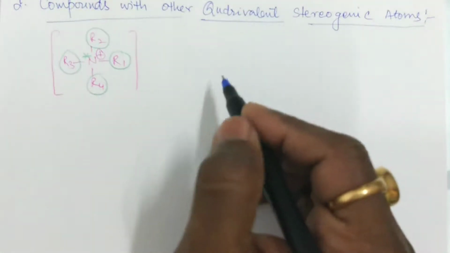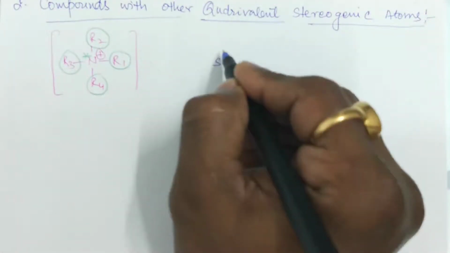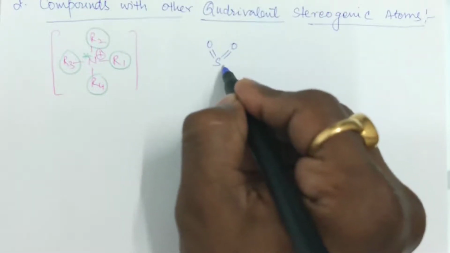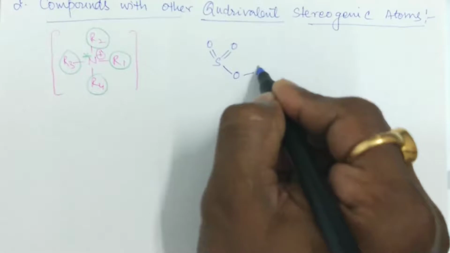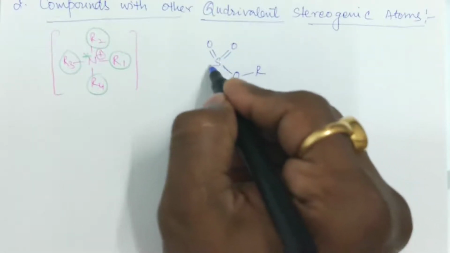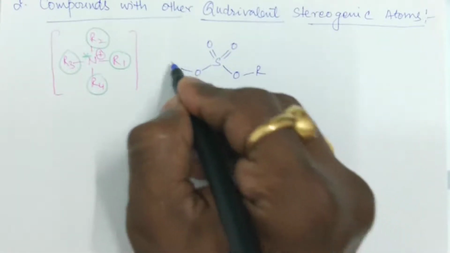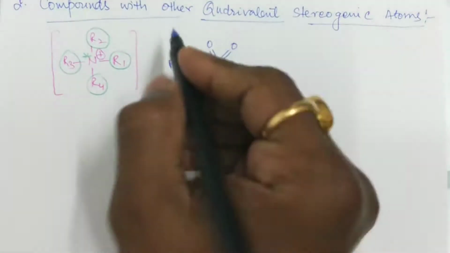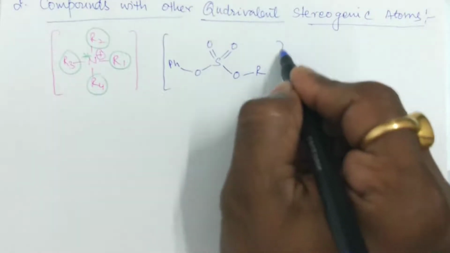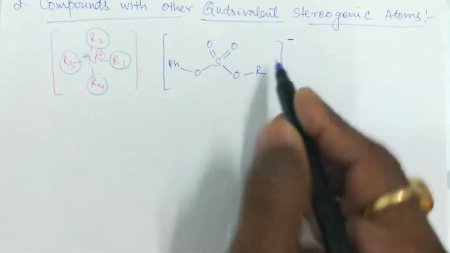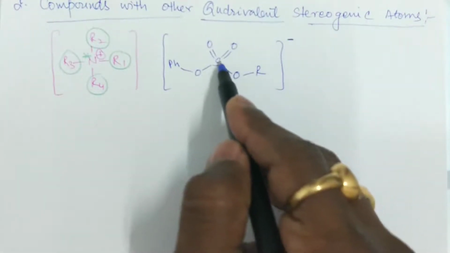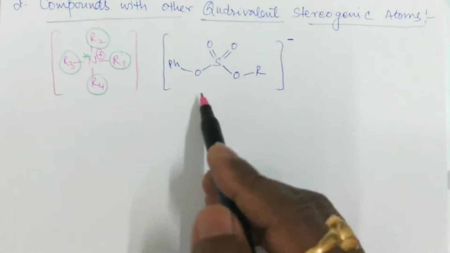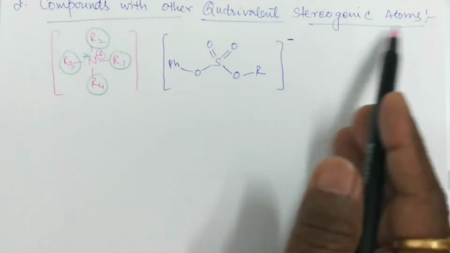Another example you can take is a sulfur compound with double bond O, double bond O, OR, and OPH. In this situation, one negative charge will come on this oxygen. Does this molecule have a stereogenic atom?